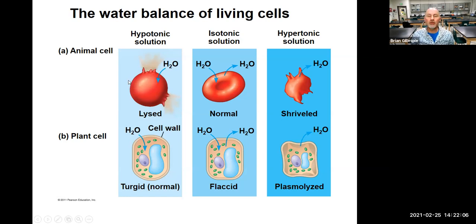So this is a huge problem for animal cells in that they can't be exposed to solutions that are too low in solutes. Otherwise, the cells will all swell up and you could possibly rupture those plasma membranes, which causes the cytoplasm to leak out. The cell dies. So this is a problem that can happen if people become overhydrated.